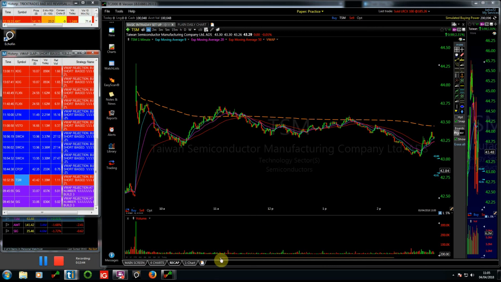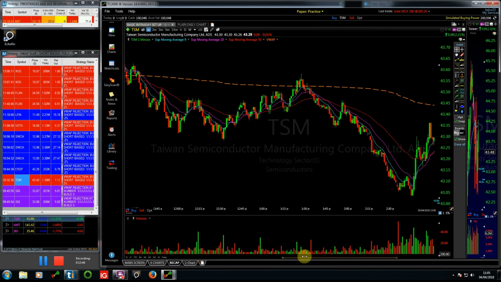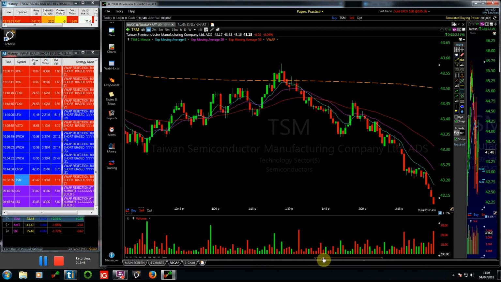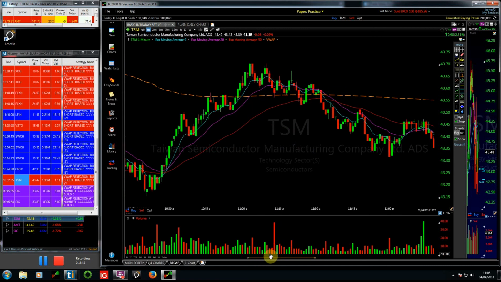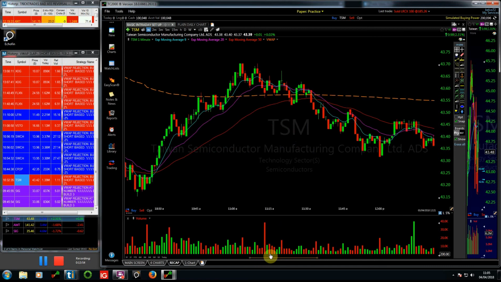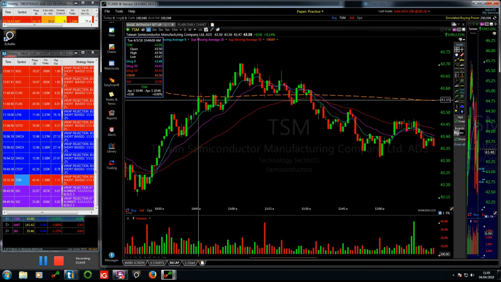Okay, let's just zoom in a little bit on this. So it comes into VWAP, it fails at the VWAP, so I took it short here at 43.55ish.